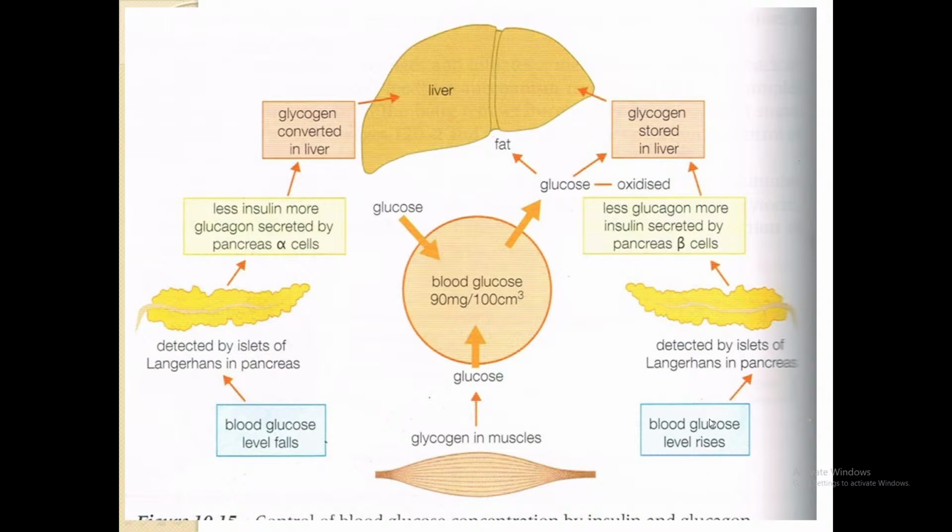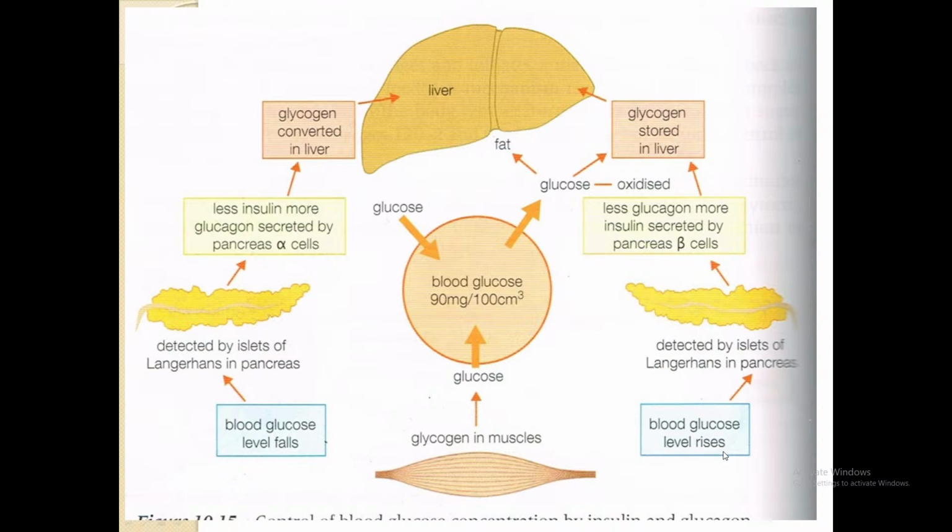Starting with the box on the right-hand corner, where it says that blood glucose level rises, that would be after you have a meal with a large amount of sweets or sugar.